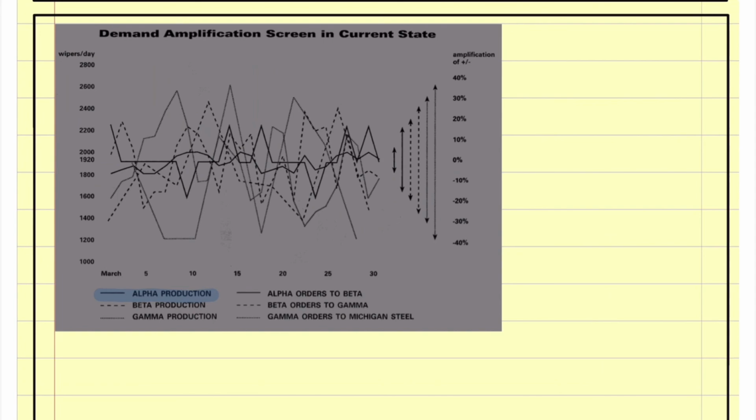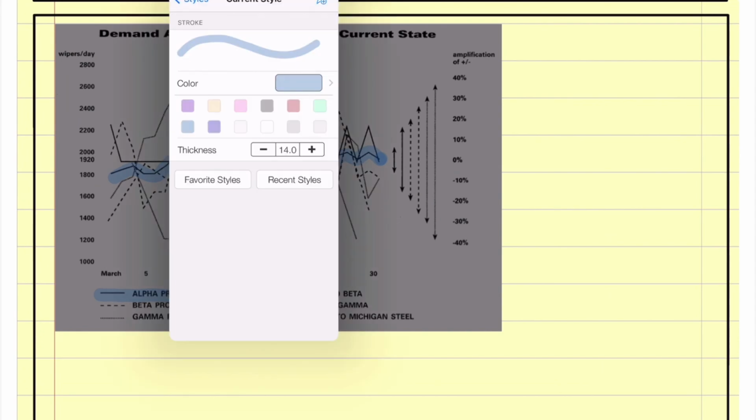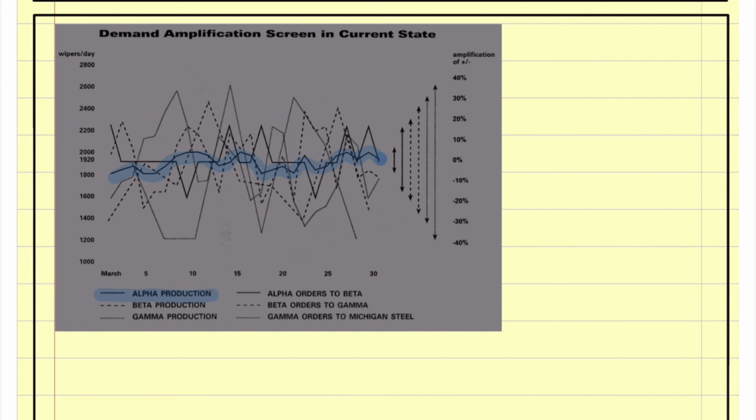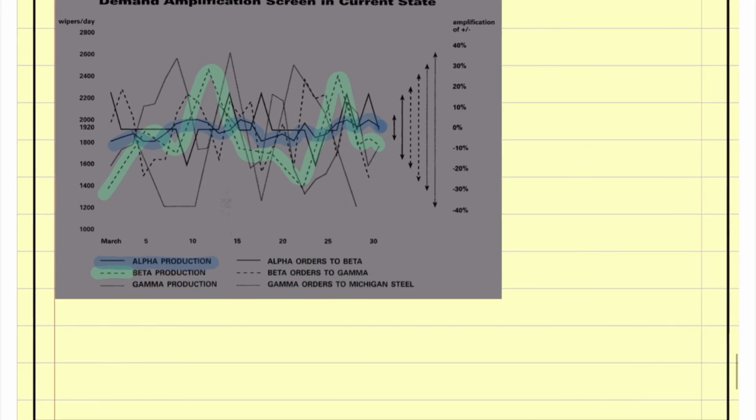We see here an amplification of plus minus 5%, or let's take beta production. We have an amplification of... okay. So what is this telling us, guys?